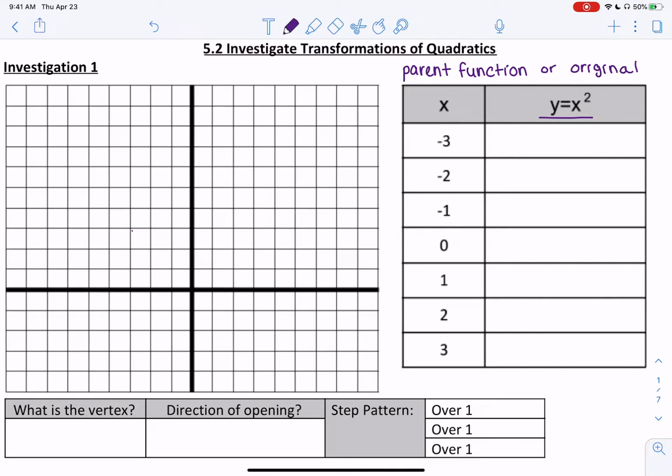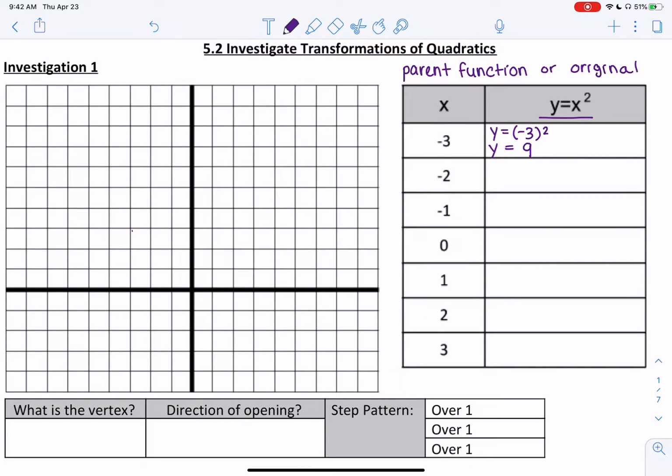Just as a reminder from last lesson, in order to create a table of values, I'm going to rewrite my equation, but in this case, I'm going to fill in something different for x. In this row, I fill in -3 for x, and that will give me y equals 9.